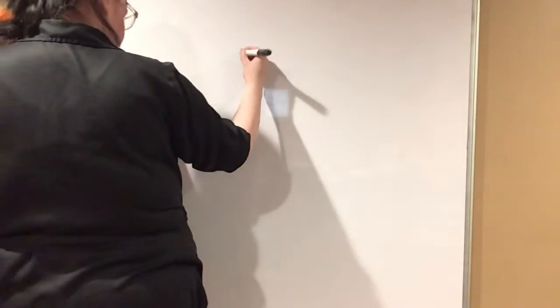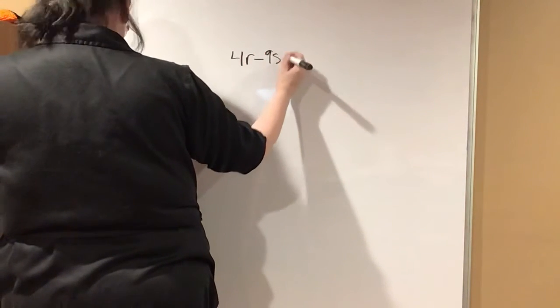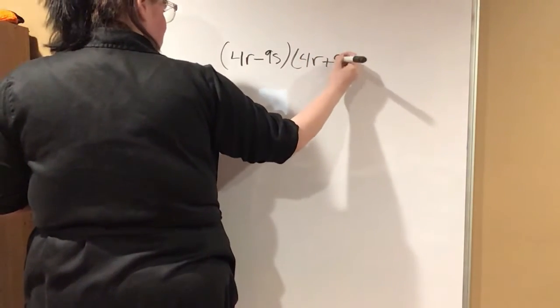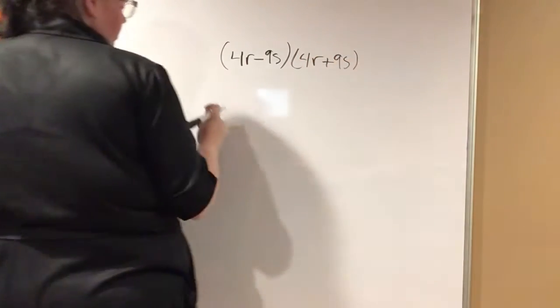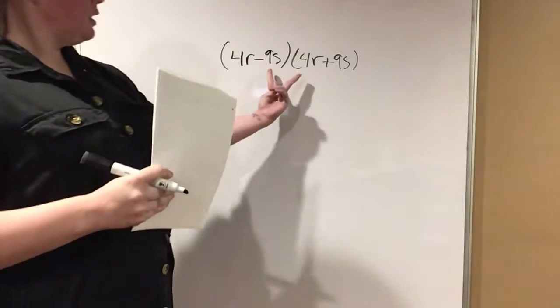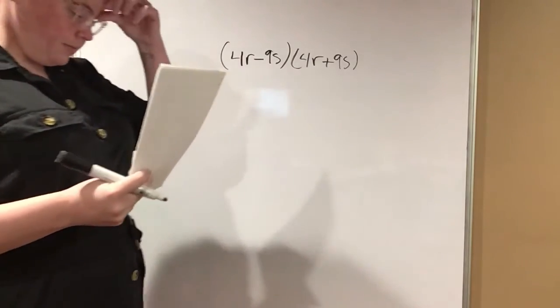So if we're going to look at this one, 4r minus 9s and 4r plus 9s, I don't even have to do FOIL because I see that it's the same one, just with a negative and a positive.